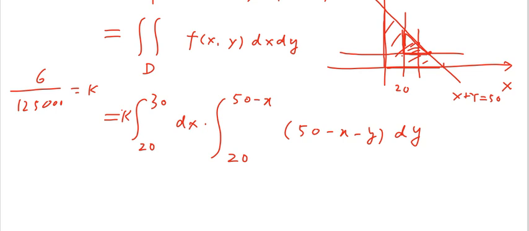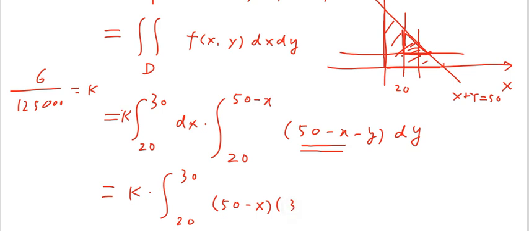Here x is constant, so we keep 50 minus x and multiply by the length of the interval from a to b. This minus this is just 30 minus x, right?